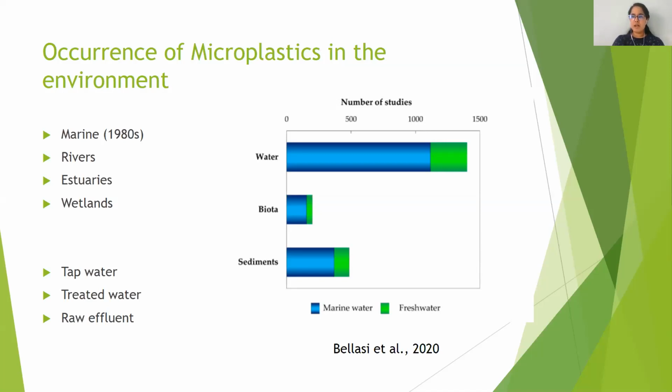But what about groundwater? So the study is about groundwater. The literature that I found on groundwater, I could only find 2 articles. And so that's a little red line that I've added in. It's not to scale, but it just shows that there's very little information on groundwater and microplastics.